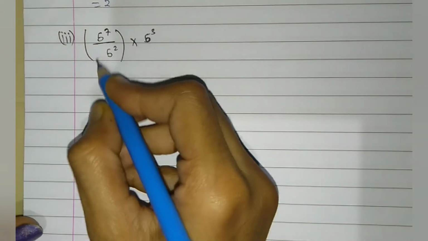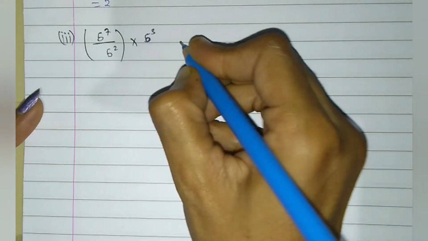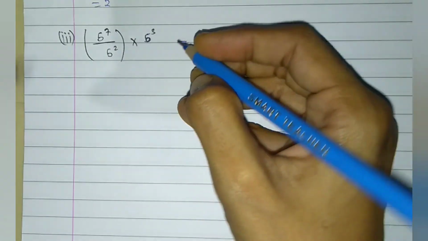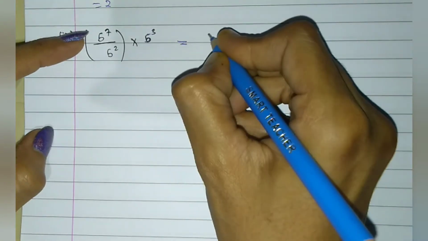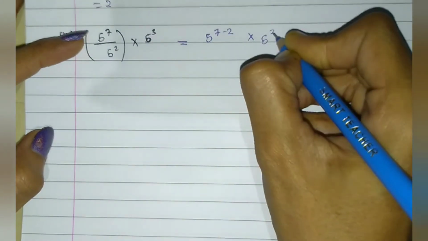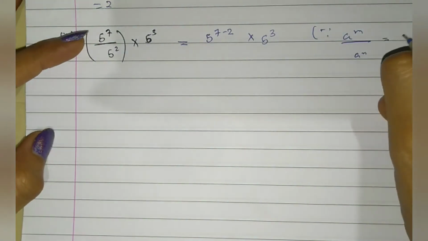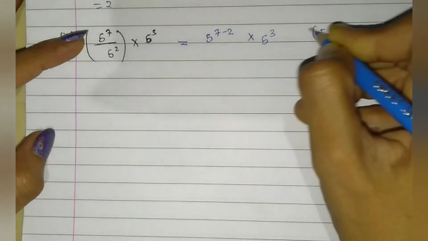Now the third one, 5 raised to 7 upon 5 raised to 2 multiplied by 5 raised to 3. So what will we write here? It is in division, so we can minus it. 7 minus 2 multiplied by 5 raised to 3. a raised to m upon a raised to n equals a raised to m minus n.